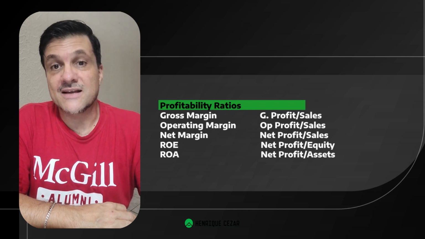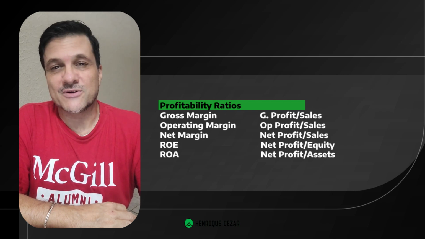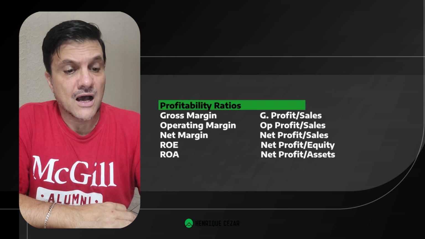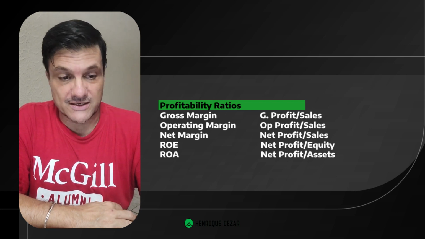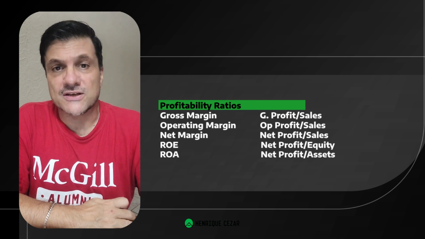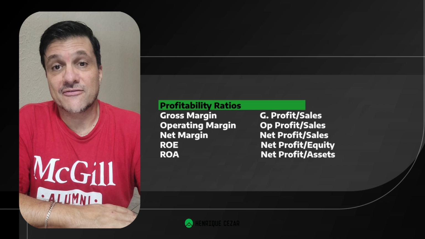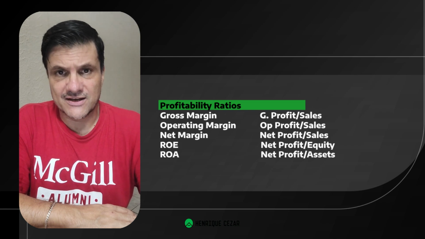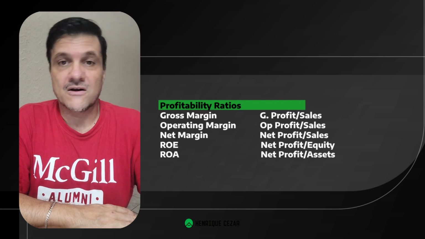Could it be EBITDA, earnings before interest, tax, depreciation, amortization, divided by sales? That's EBITDA margin. Net margin is the net profit, net income, divided by sales. So anything that finishes with margin is divided by sales, and the name of the margin is the numerator of that ratio.